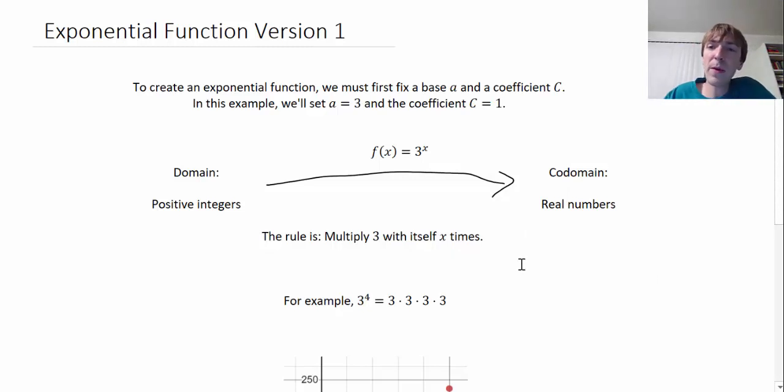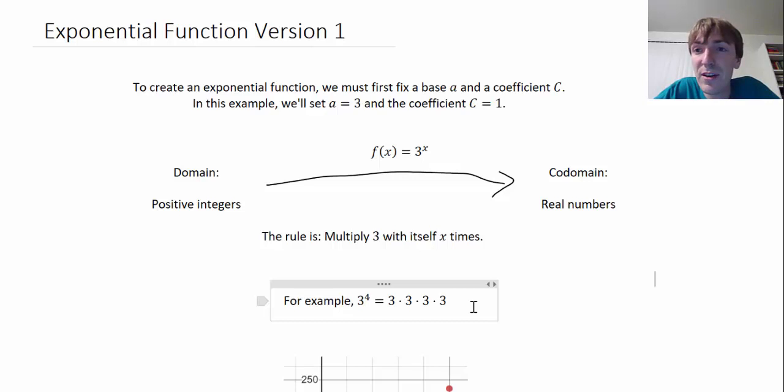So think about this as exponents as we learned them in middle school. The rule is that you're just multiplying the base with itself that many times. So for example, if I want to plug in 4 into this function and take 3 to the 4, that just means 3 times 3 times 3 times 3, which I guess is 81. Pretty familiar stuff, right?